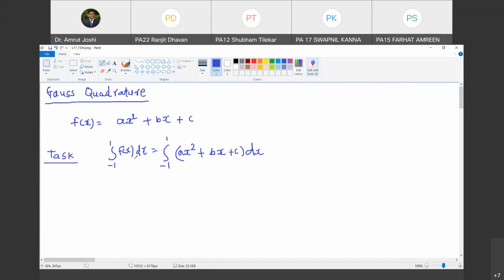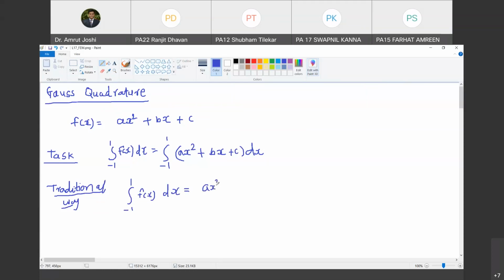Now, the traditional way. Can we compute this integration traditionally? Yes. So let me first find the integration the traditional way. We are going to integrate each of the terms and put the limits from -1 to 1. The integration of the first term is ax cubed by 3.